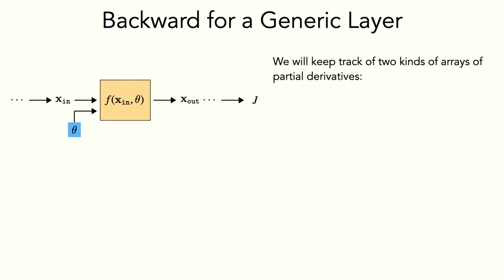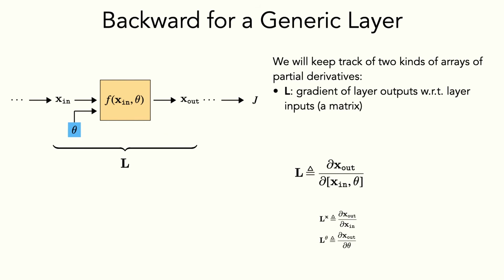We're going to keep track of two kinds of arrays of partial derivatives here. First, L is the gradient of the layer outputs with regard to the layer inputs. This will be a matrix, right? This is essentially telling you which way each of these parameters would optimally move, in the maximal direction of optimization.